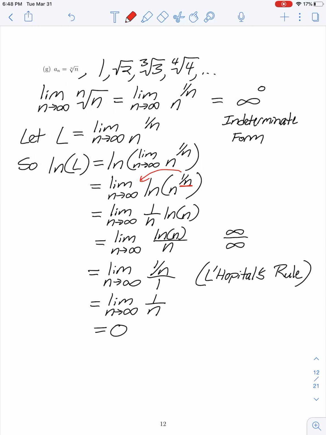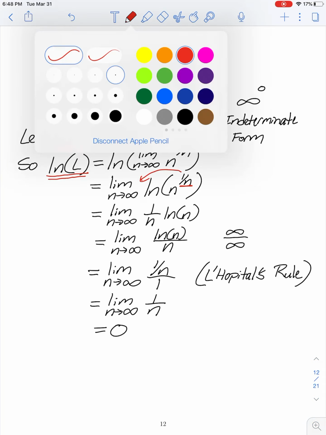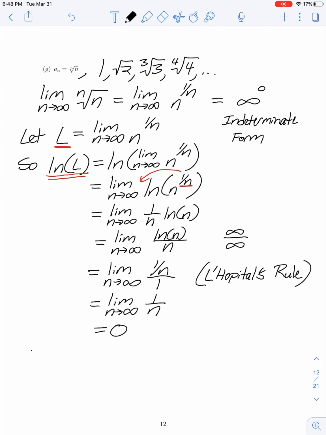Now we've got to be a little bit careful here. If we look at the terms that we were listing above for the sequence, it doesn't seem like they're approaching 0, and they aren't. Let's not lose track of what we found. What we just found was the value of the natural log of L. And L is the limiting value that we needed to find. So we still need to solve for L. What we found so far is that the natural log of L is equal to 0.